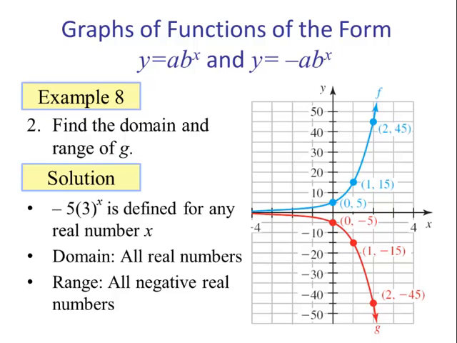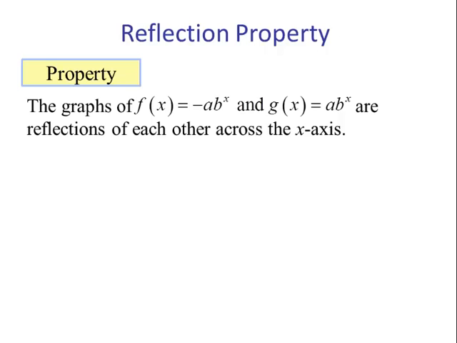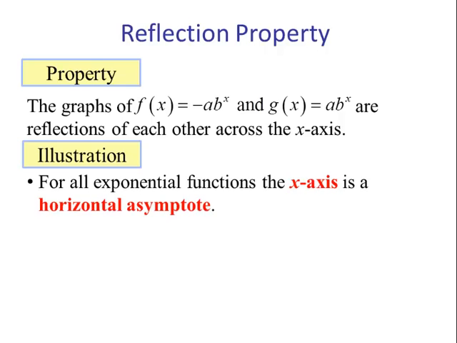Reflection property. The graphs of f of x equals negative a times b to the x power and g of x equals a times b to the x power are reflections of each other across the x-axis. Illustration. For all exponential functions, the x-axis is a horizontal asymptote.